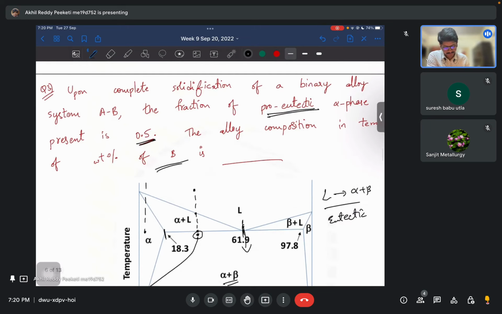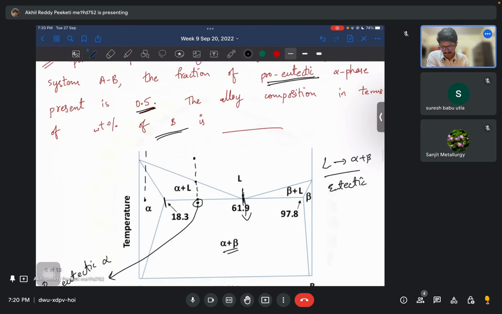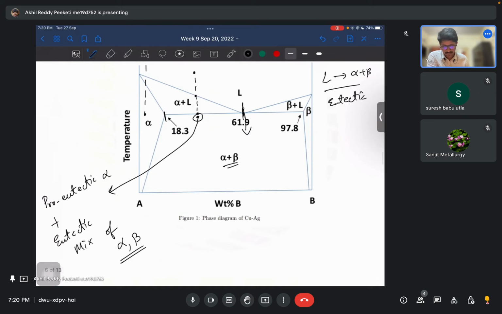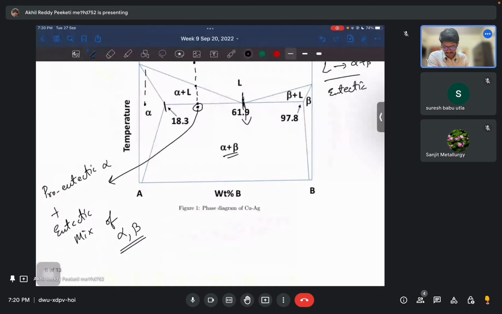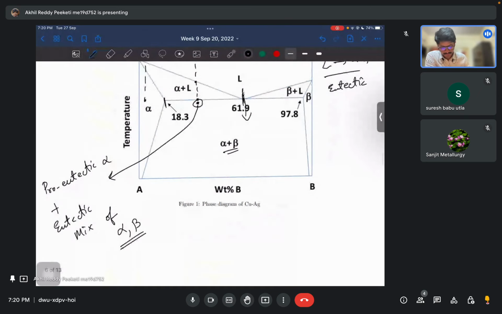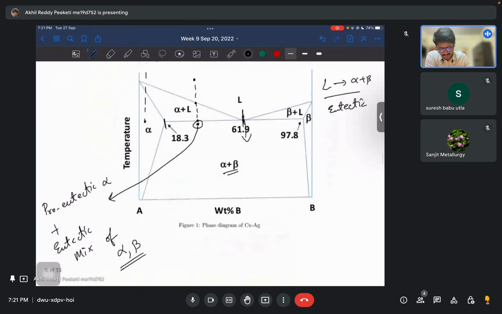Now it's given that proeutectic alpha phase present is 0.5 of the total fraction. Okay. So if you have to find the proeutectic alpha phase, basically if you consider a point here just above the eutectic line, so at that point you have some alpha and some liquid, right?